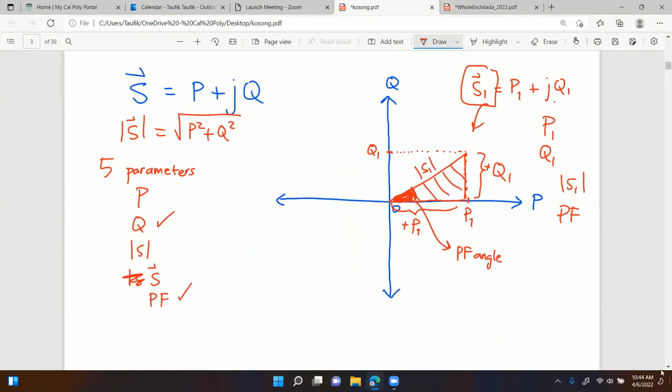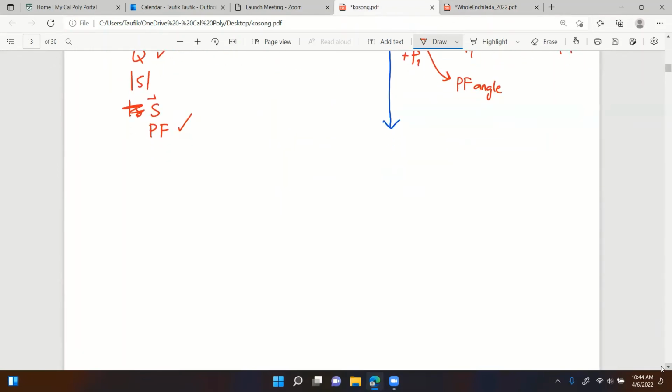That equation is right here. I'm going to derive it. Again, power factor is equal to P over S, right? And we know that the equation for P is equal to VRMS times IRMS times cosine of theta V minus theta I, right?